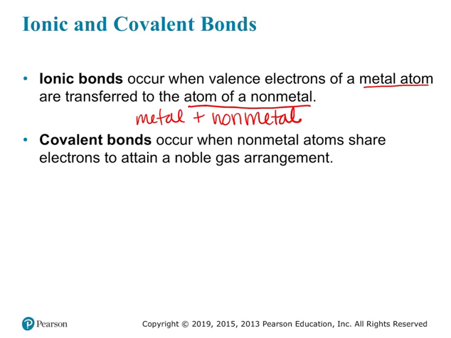So covalent bonds occur between a nonmetal and another nonmetal. And remember that nonmetal atoms want to gain electrons. So if we have two nonmetal atoms bonded together, they can't really transfer electrons because they both want to gain electrons. So instead, they're going to share their electrons.